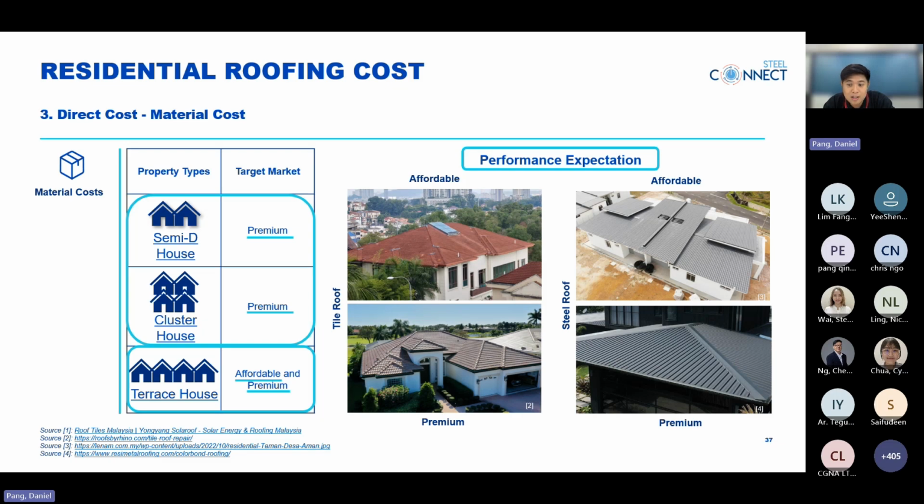Premium tiles offer texture and form, while premium coated steel offers cleaner lines, color consistency, and modern detailing. From a performance standpoint, each material has its own compromises. It must always be considered together with performance expectation and also the target market, with long-term behavior.